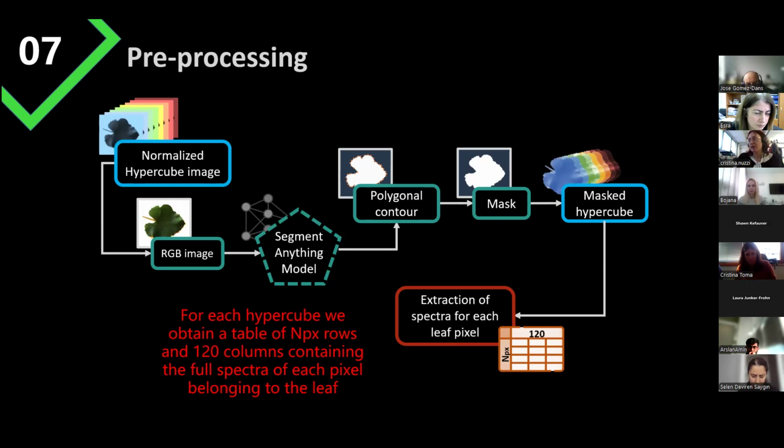Then we extracted each pixel of the hypercube which belonged to the leaf and created this matrix here. I don't know if you can see my mouse. Anyway, this matrix has 120 columns and as many rows as the number of pixels in the leaf, so it depends on the size of the leaf, obviously.